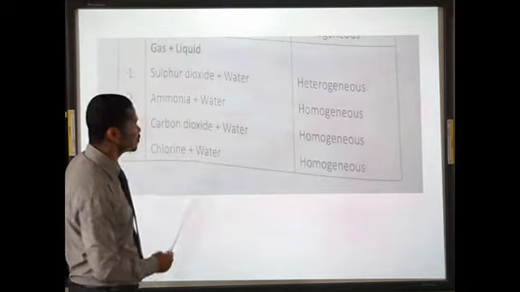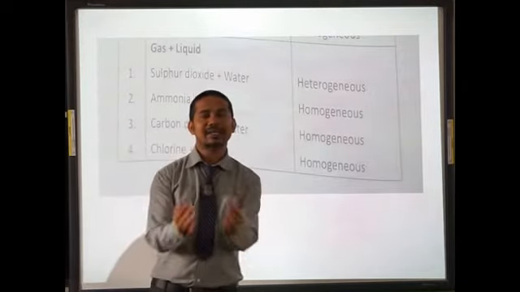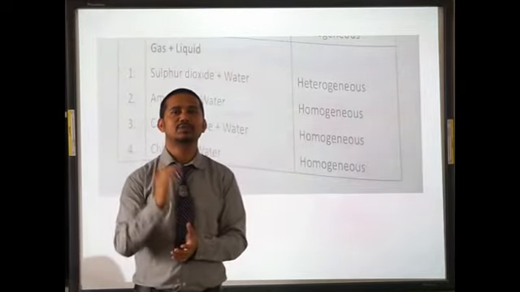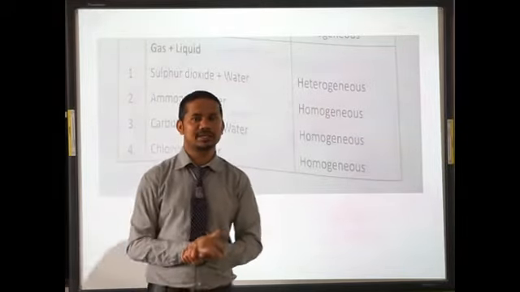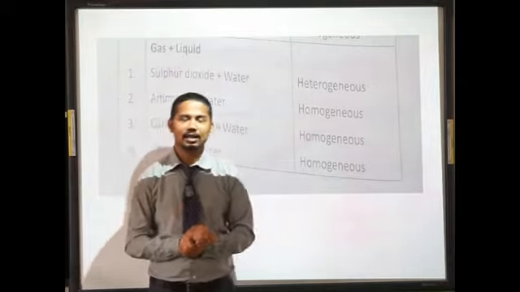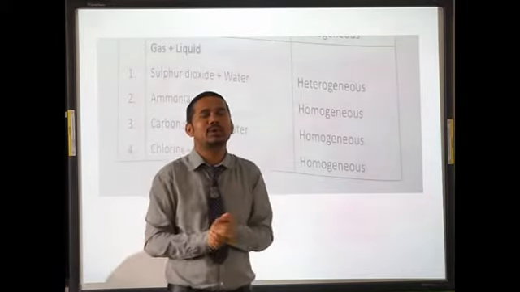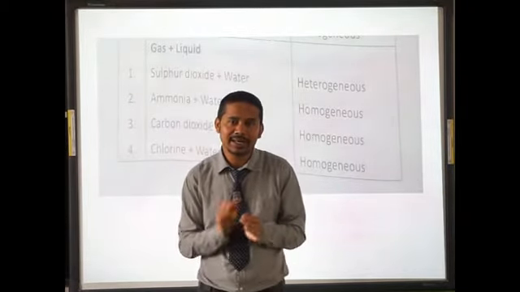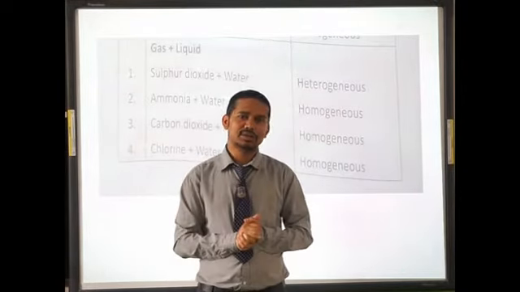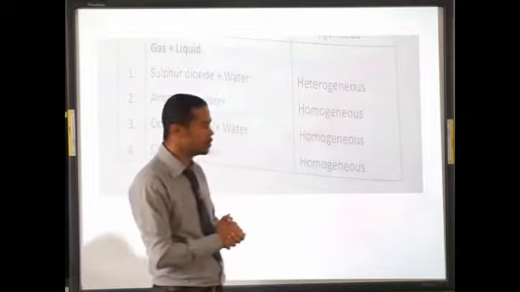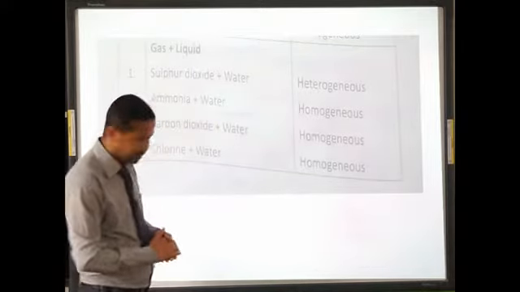Then chlorine plus water. Water that comes from PHE. They chlorinate water in the tank. They put chlorine gas in water, and this chlorine gas dissolves in water uniformly, forming a homogeneous mixture.